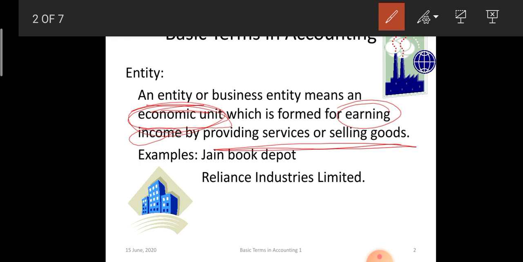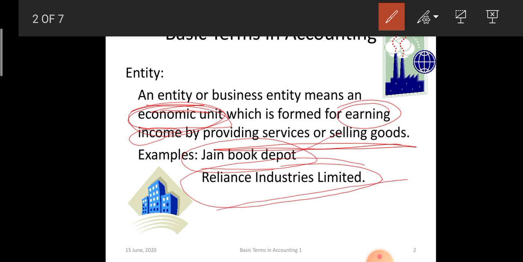A small retailer is also an entity, whereas a large industry like Reliance will also be considered as an entity. When we are discussing accountancy, wherever entity is used, it can be a sole proprietorship firm or it can be a joint stock company. So the meaning of sole proprietorship and joint stock company, we will be discussing later on.